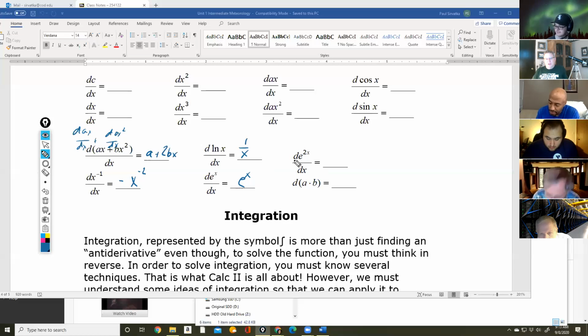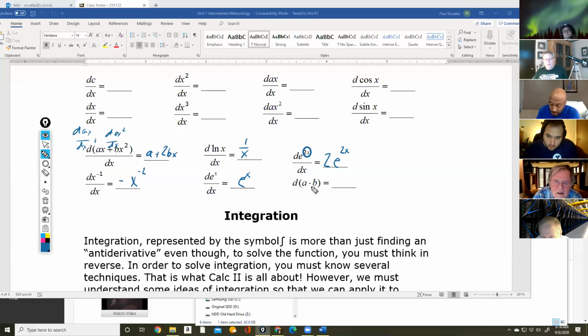Derivative of e to the 2x. Now, again, I want you to think of this as what's the derivative inside that circle? Is 2. So I take e to the x, and in front is the derivative of what's inside, which is 2e to the 2x. And then this one is kind of odd.